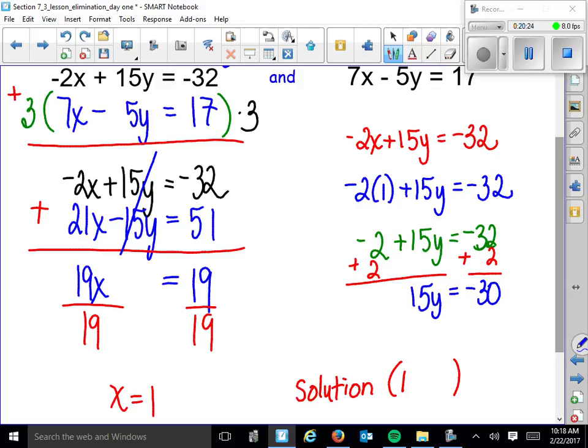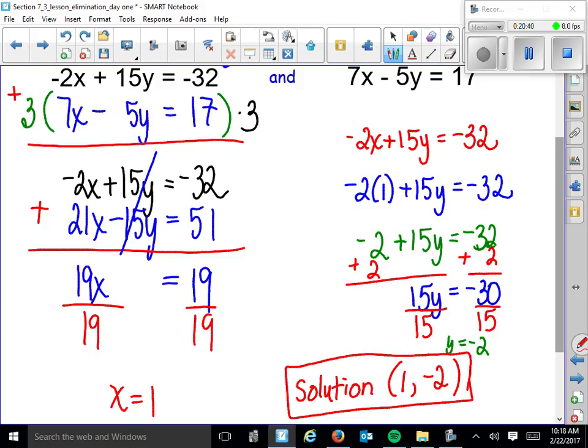And so we are going to get a nice answer here. When we divide each side by 15, y is equal to negative 2. So my solution is 1, negative 2.